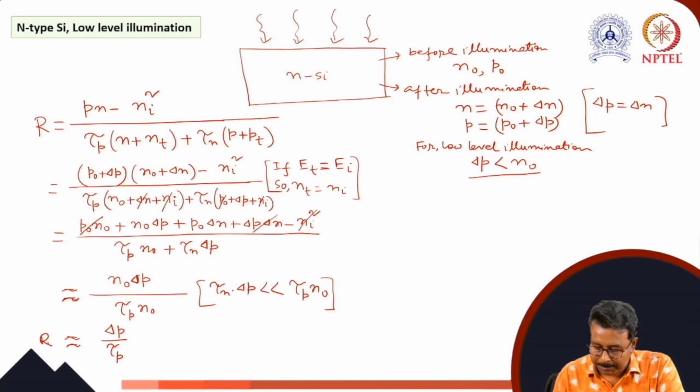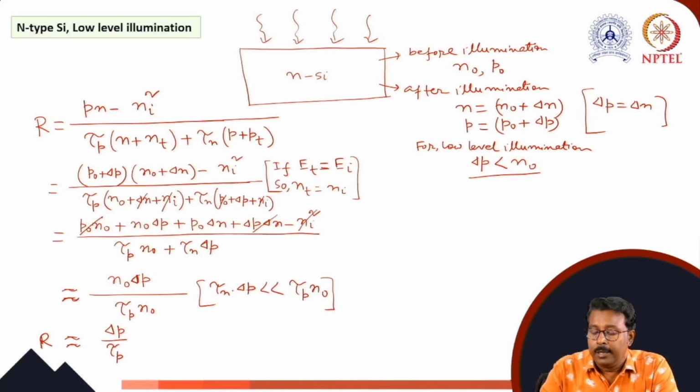This is an approximate expression of the recombination rate in an N-type semiconductor, N-type silicon, under low level of illumination. Also the delta P delta N product is less; we should write other explanation here also, because of why we are neglecting all these terms except this N0 delta P. P0 is very small.